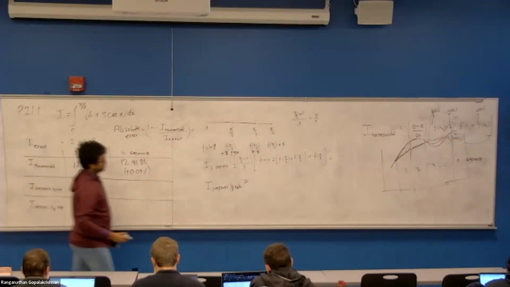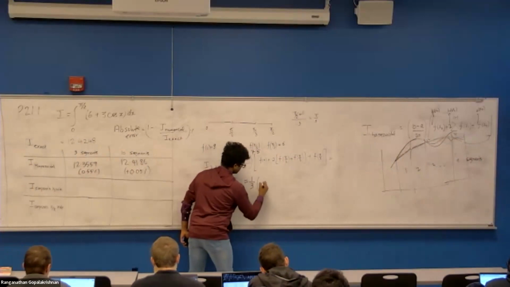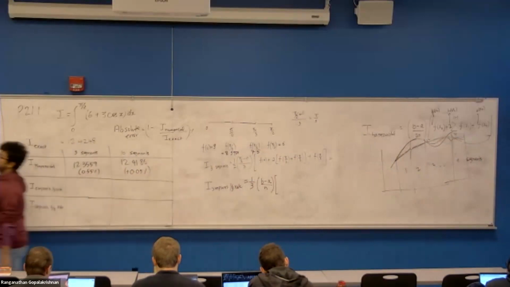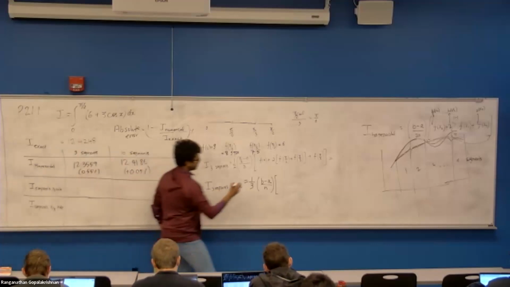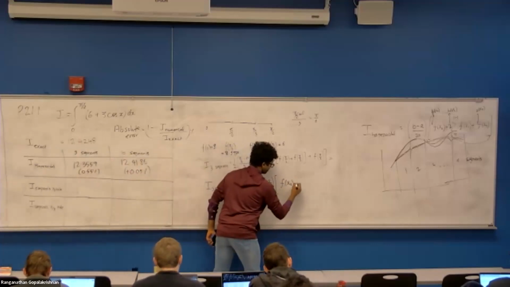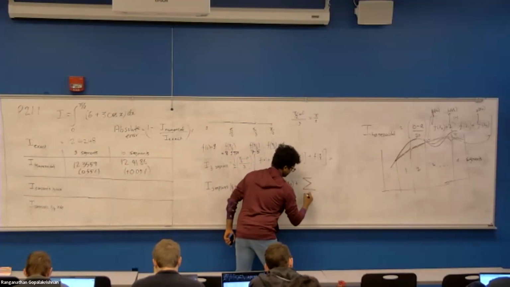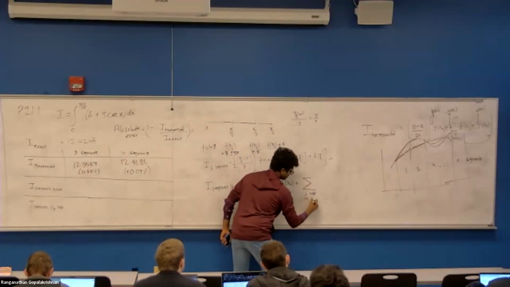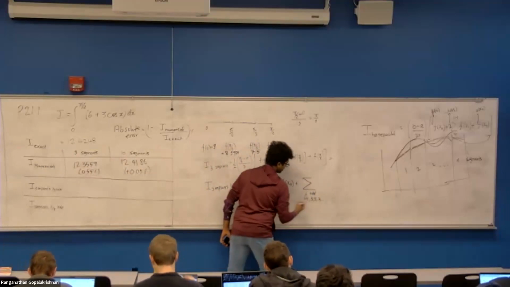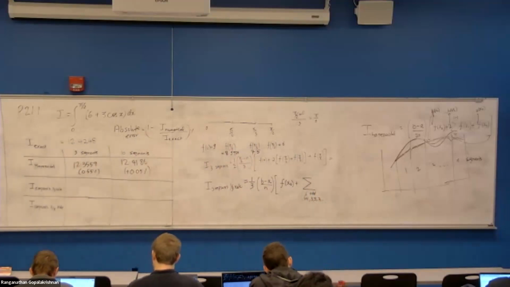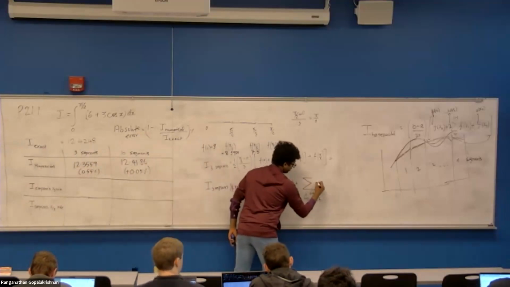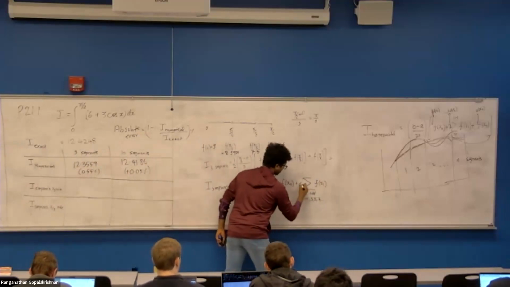(B minus A)/3N, or 1/3 times (B minus A)/N, multiplied by f of x naught, plus summation over odd i, meaning i equal to 1, 3, 5, 7, and so on. The odd points we multiply by 4: f of xi multiplied by 4.